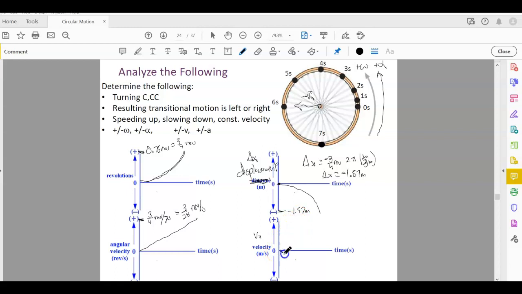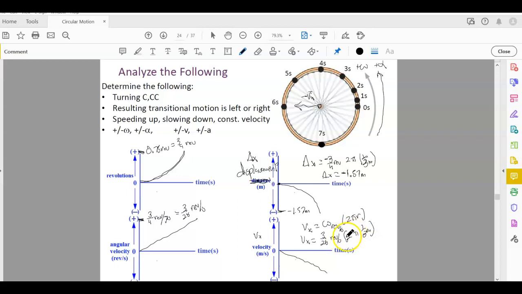Well, if it's speeding up in the negative direction at a constant acceleration, then it's going to be working just like this. And the velocity in the x direction is going to be the number of rotations, so it's going to be omega rev times 2 pi r, right? So in the x direction, this is going to be 3/28 revolutions per second times 2 pi times 1/3 of a meter.